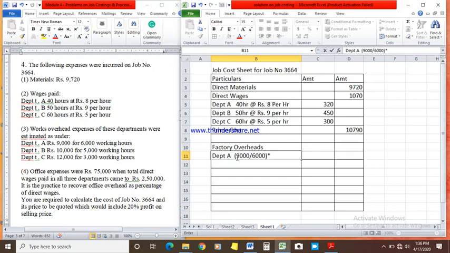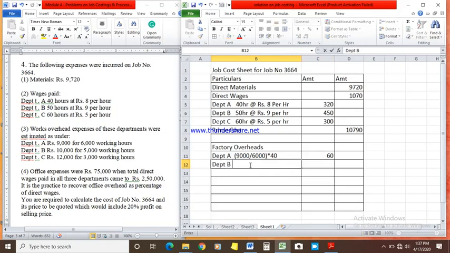This is multiplied by how many hours department A is going to spend, that is 40 hours. This is one way of doing the calculation. So 9,000 divided by 6,000 into 40 comes to 60 rupees.